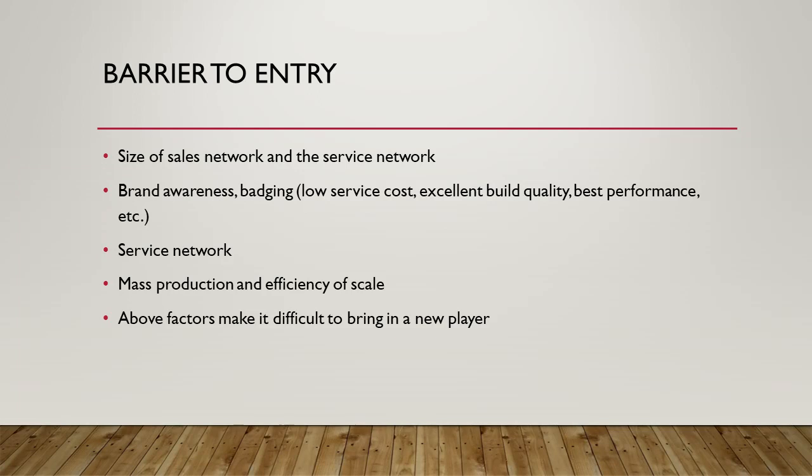If you can get efficiency of scale, it really makes it very difficult for an entrant to get in and crack into the market. That's exactly what we have seen in the passenger car segment for the past several years, and it has become very evident in the recent past.